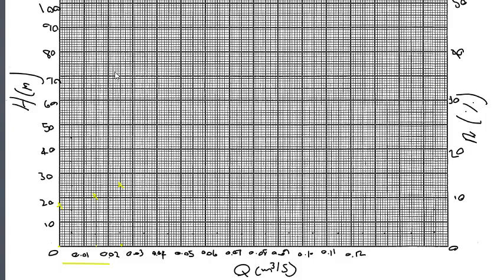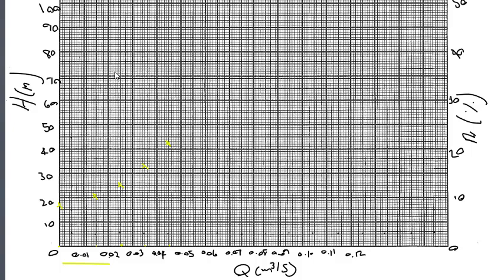Then our next point is 0.035. That one will be here. Let's move all the way up to our head value, which would be 32.8. So it's almost 33, which would be somewhere there. Our next point would be 0.045, which will lie on this line here, and we'll go all the way up to 42.8, which should be somewhere right there.